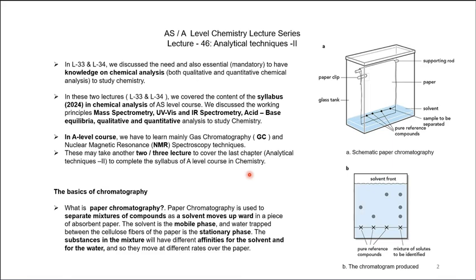And more specifically, in the AS level course, there is discussion about mass spectrometry, UV visible IR spectrometry, acid-base equilibria, qualitative and quantitative analysis. These are very, very essential for learning chemistry.